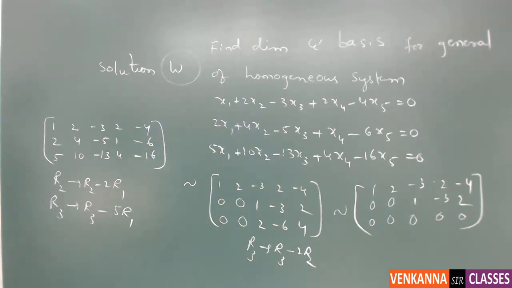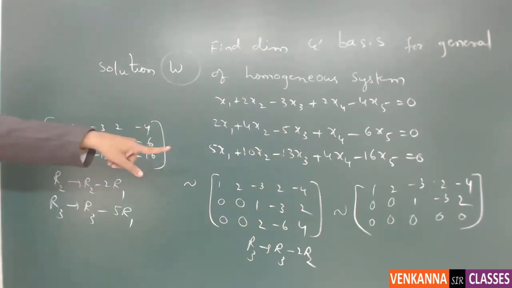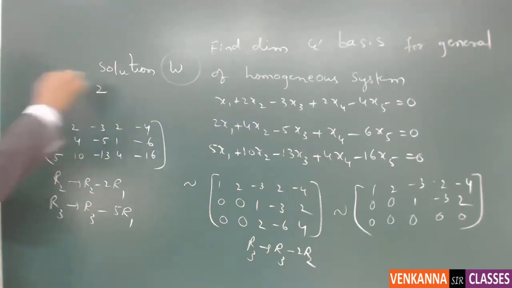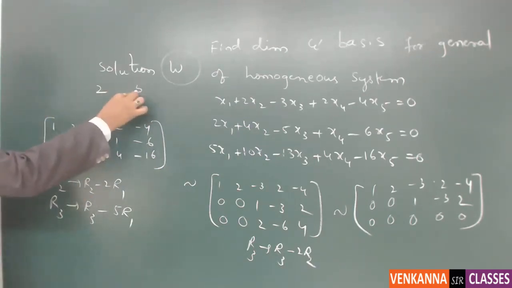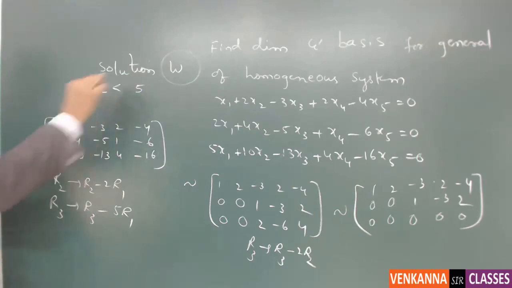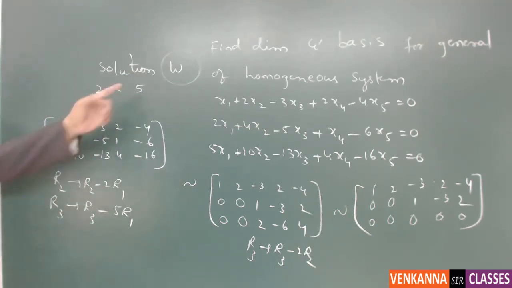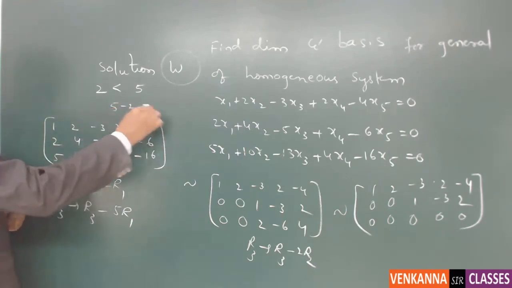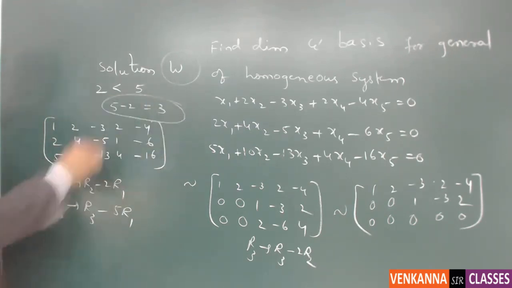Right. And then coming to that matrix, the rank of the matrix is 2, but you have 5 variables. So the rank of the matrix is 2, the number of variables is 5, it is less than. So the system will have an infinite number of solutions. How many independent solutions will we get? 5 minus 2, which is equal to 3 independent solutions.